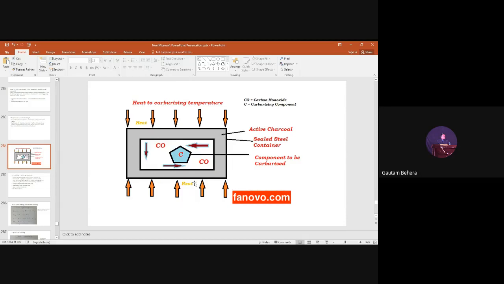Now we are heating. The furnace is providing heat. Basically we choose the austenitizing temperature. This is called solid carburization because we are using coal or charcoals, which are solid carbons, and they will provide carbon. The temperature will rise to the austenitizing temperature.